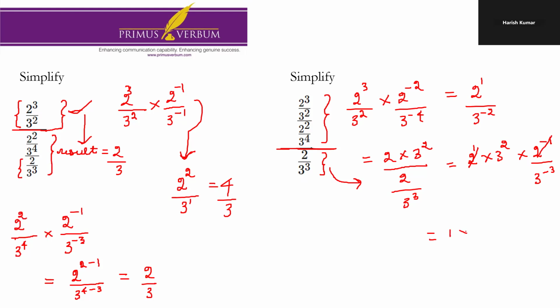So I will have a 1 into 3 square divided by 3 raised to the power minus 3, which is going to give me 3 square into 3 cube, which is going to give me 3 raised to the power 5. So that value can be computed, and it is 243.